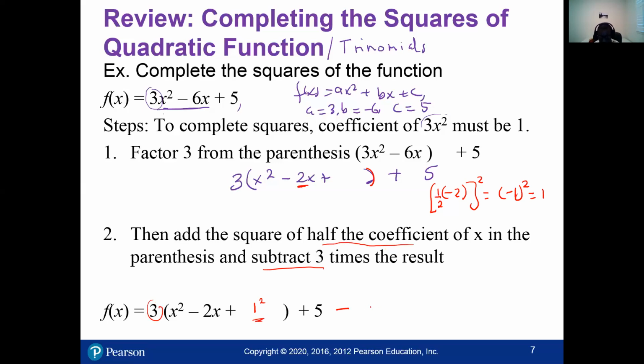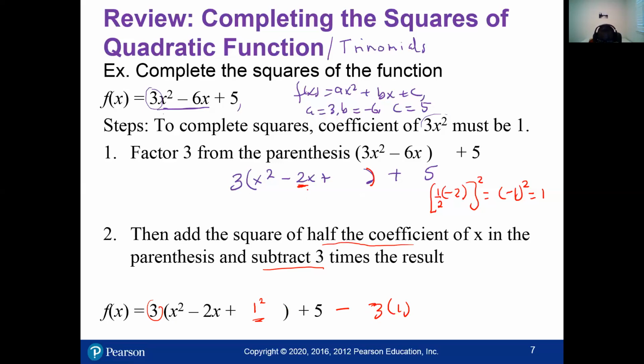So you subtract 3 times the 1. Okay, so that's step 2. Because we are adding, we have to nullify the quantity that we added, so that we maintain the original function. Making sense?